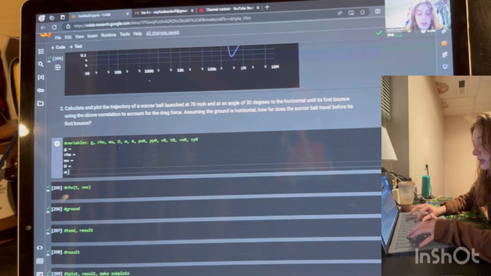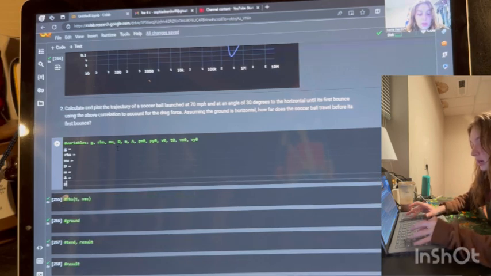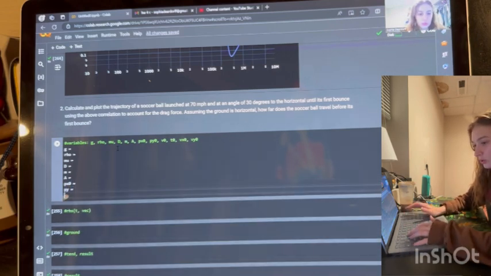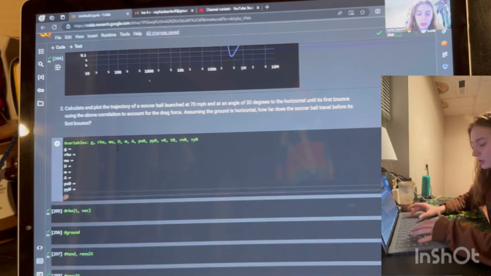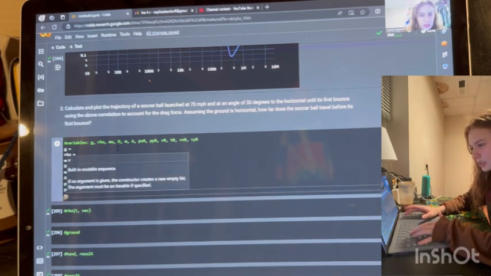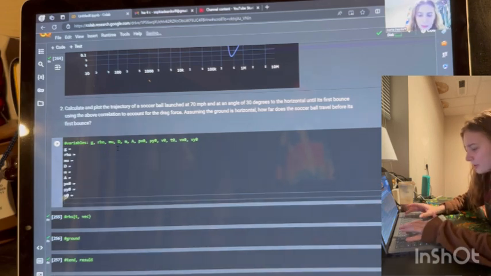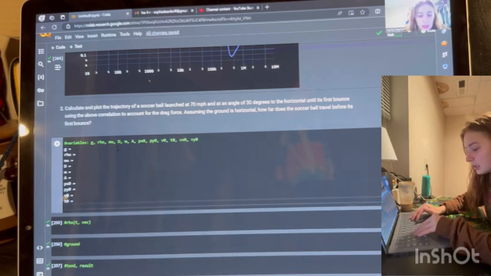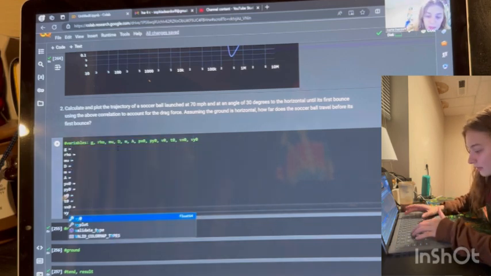D, M, mass, area, position of x initial, position in the y initial, and then we're going to have initial velocity, and then we're going to have our angle, which I'm going to call theta naught, and then we're going to have velocity x theta, velocity y theta.